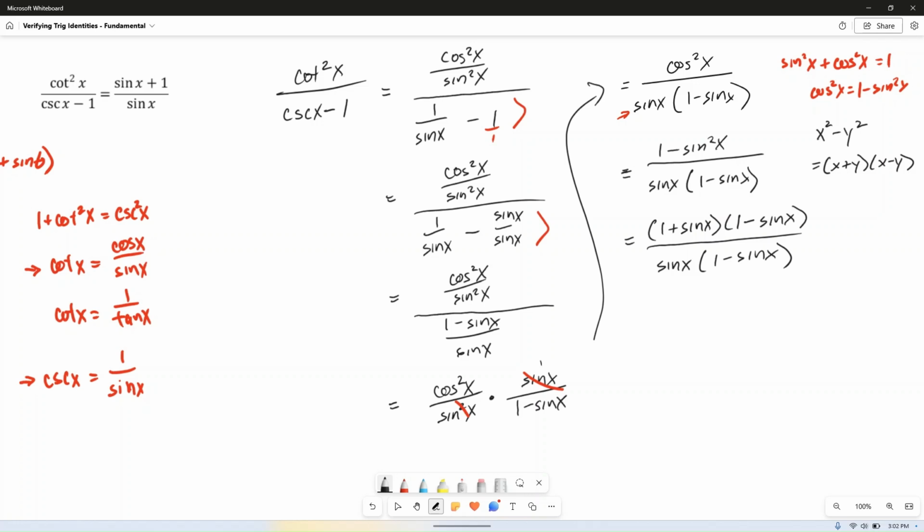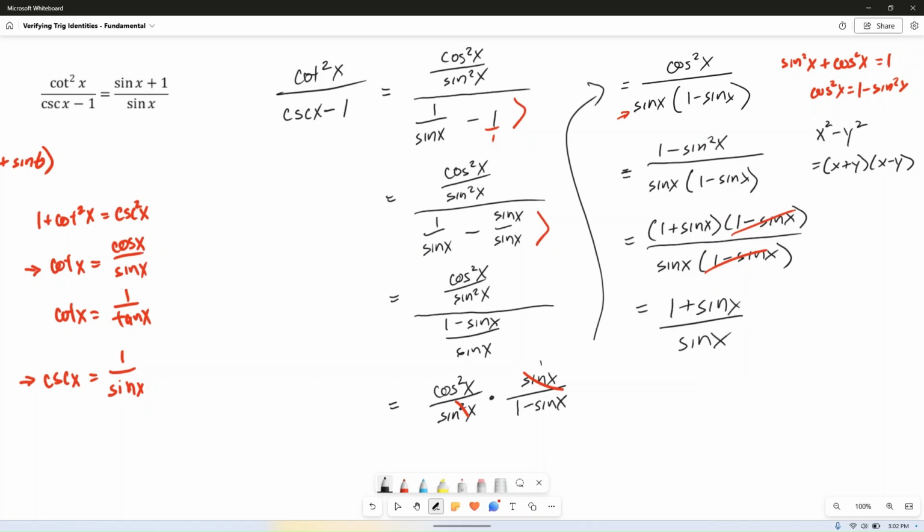Okay, so I have 1 plus sine x times 1 minus sine x all over sine x times that 1 minus sine x. Well, the 1 minus sine x is canceled, and that leaves me with 1 plus sine x over sine x.